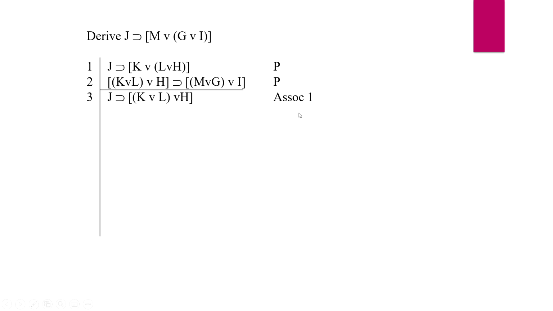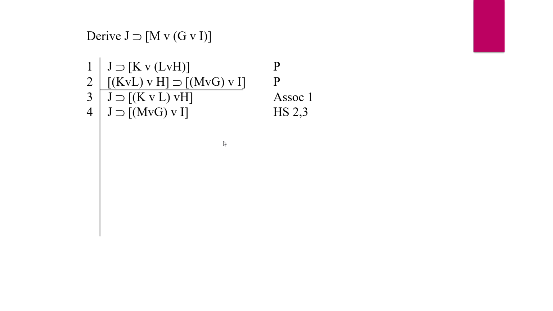So first we need to use association on line 1 to move those parentheses from around L or H to around K or L. And now we have it lined up where the antecedent of line 2 is the same as the consequent of line 3. So now we can switch those together, right? We can use hypothetical syllogism and get J or M or G or I.